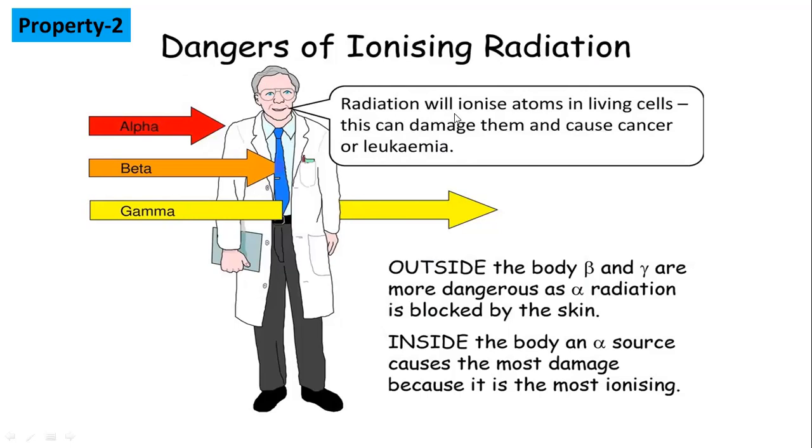So radiation will ionize atoms in living cells, and this can damage them and cause cancer as well. So this is a very, very important topic to understand, the ionization power of the different radiations, because these are going to cause cancer.